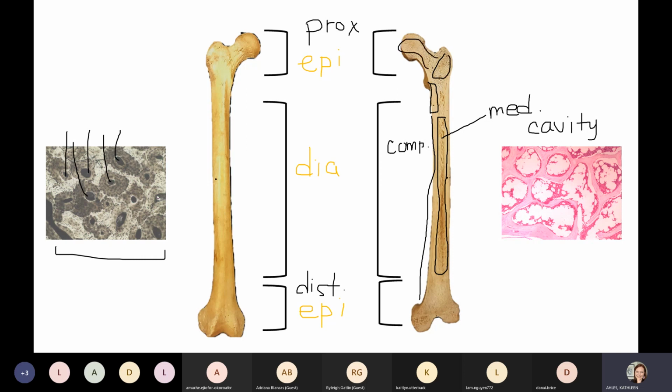Or same deal here, or we even see them down here when you look up close, all these little spots. That's where I'd find that spongy bone. So spongy bone, connective tissue, primarily found inside those end regions of the bone. Compact bone found on the outside of the bone. So different kinds of bone tissue found in different regions of our long bone.